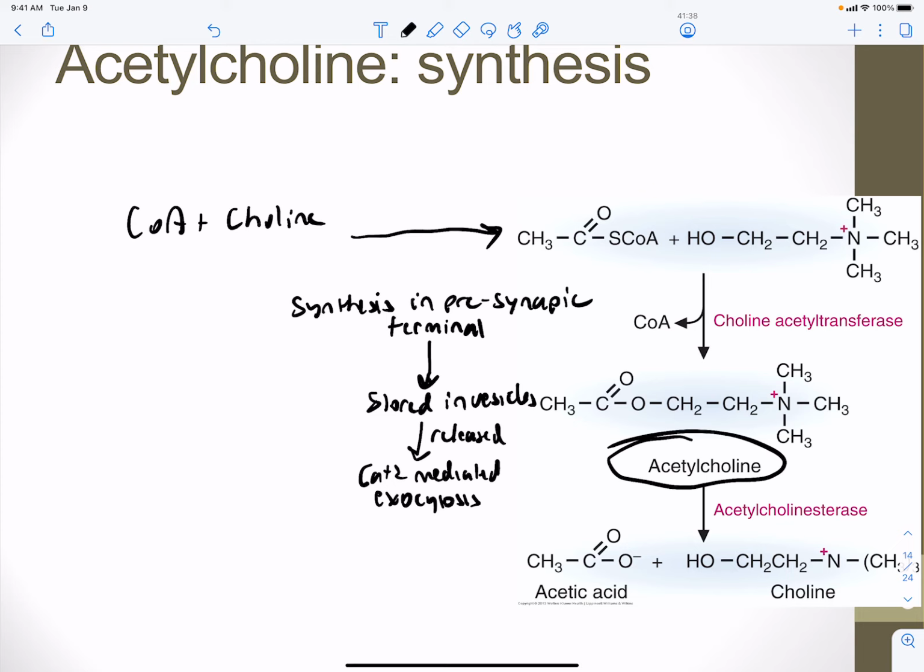It's going to be inactivated by acetylcholinesterase, and is going to form basically a covalent bond with the acetyl group. Acetylcholinesterase is a target of drugs or toxins such as sarin.